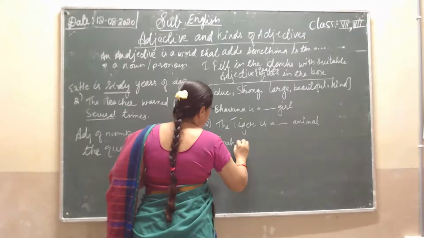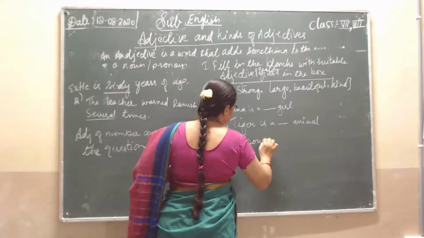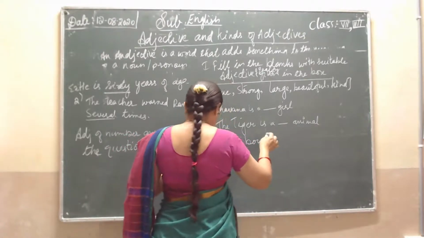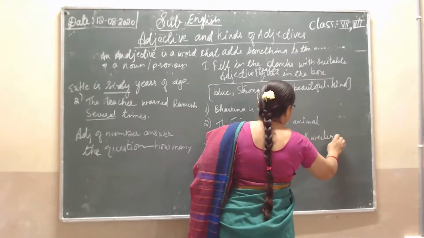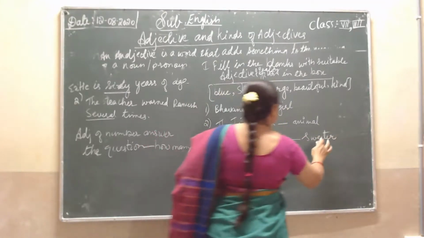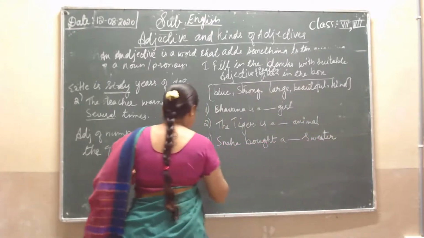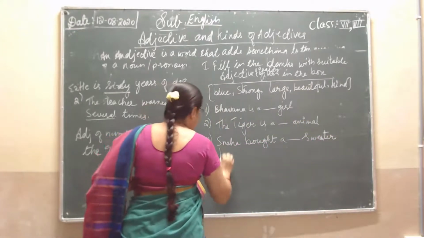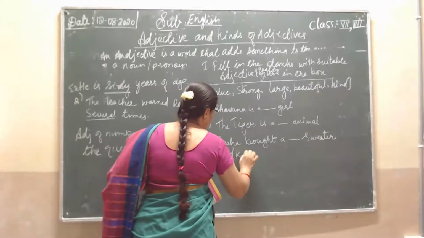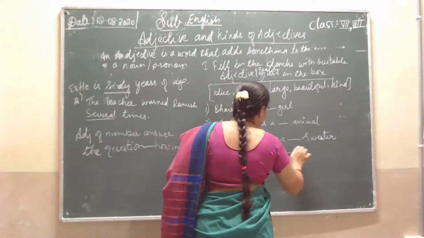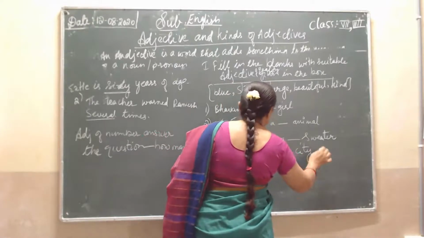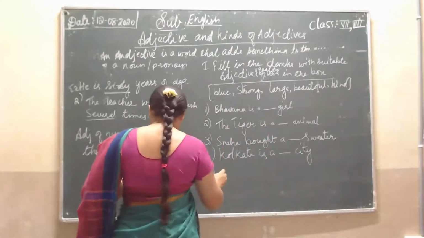Sneha bought a dash sweater. Kolkata is a dash city. Then comes the fifth one.